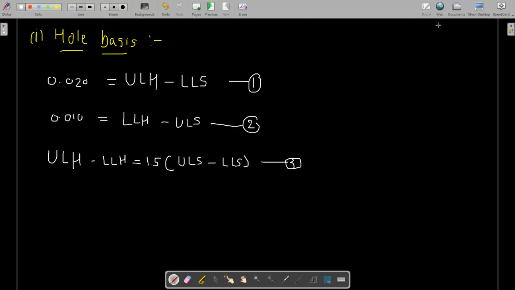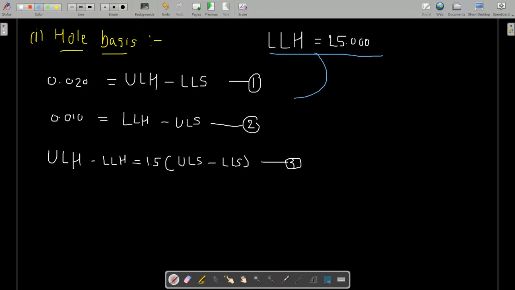Now in the hole basis system, we have to find all four values: upper limit of the hole, lower limit of the hole, upper limit of the shaft, and lower limit of the shaft. Only one data point is given in the hole basis system: the lower limit of the hole, or minimum diameter, is 25 mm, the basic size, 25.000 mm. Now I'm writing in blue color.